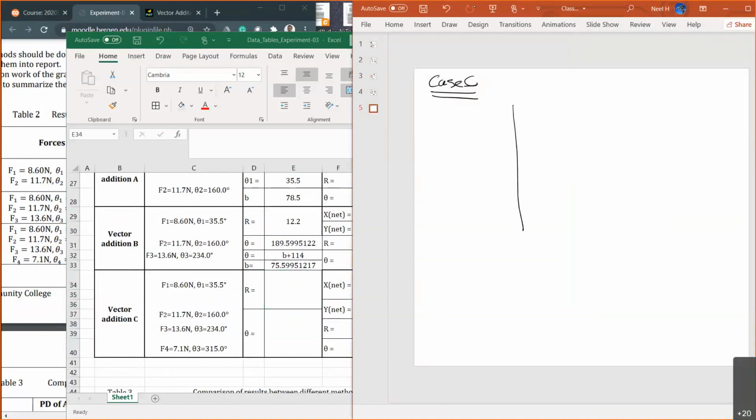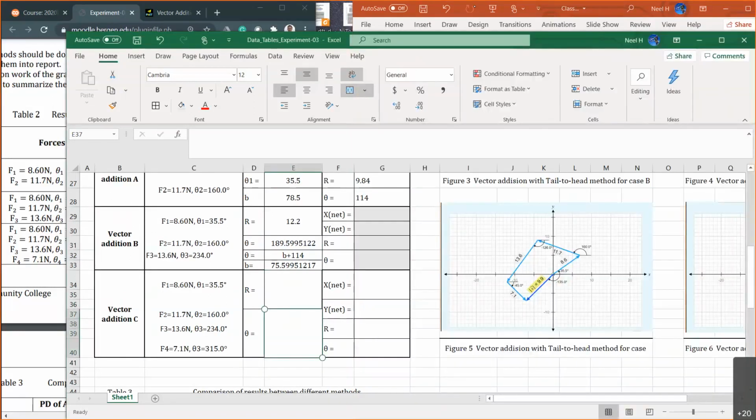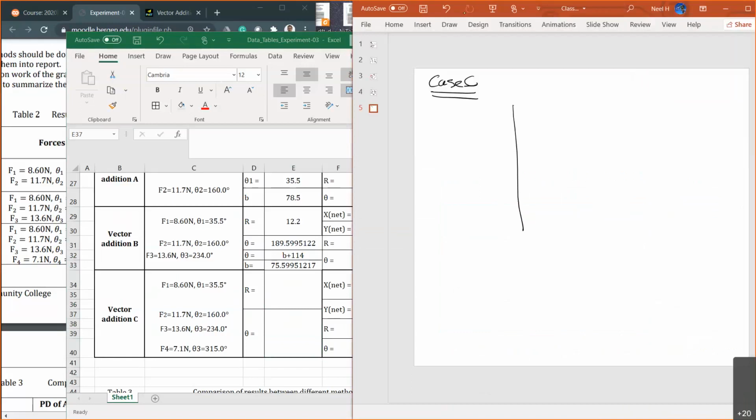What we're drawing is the result of 1, 2, 3, which is 12.2 at a 189 degree angle. So on the x-axis, y-axis, it looks like that. That is the result of 1, 2, 3, and this total angle is 189.6 actually.